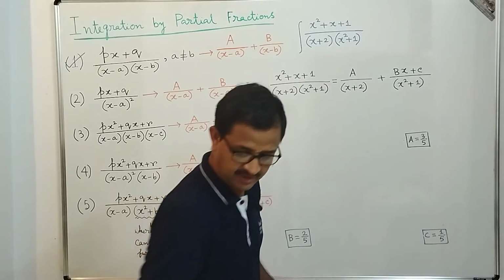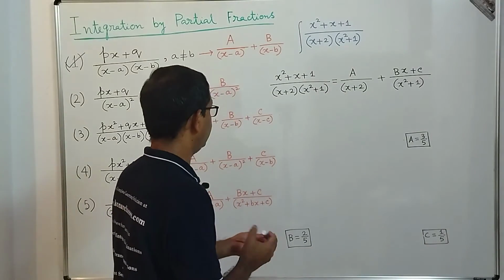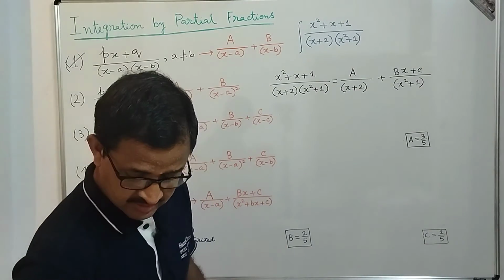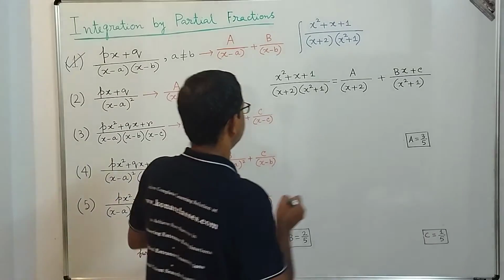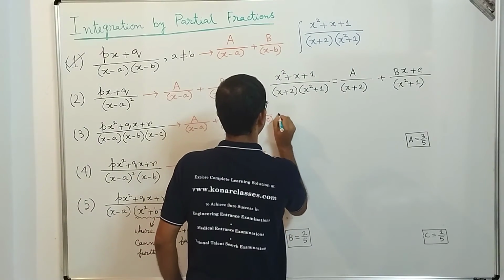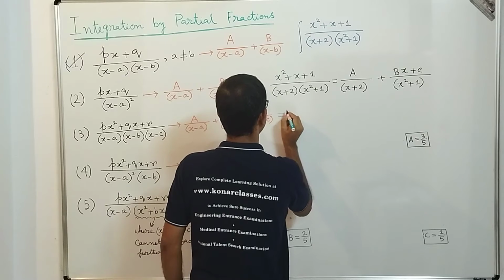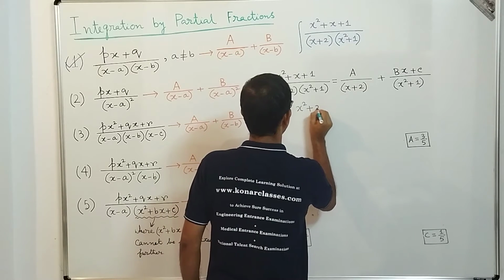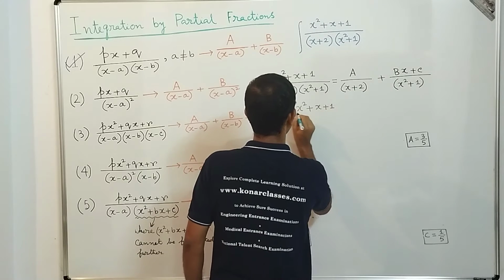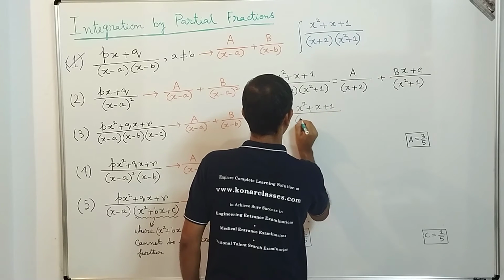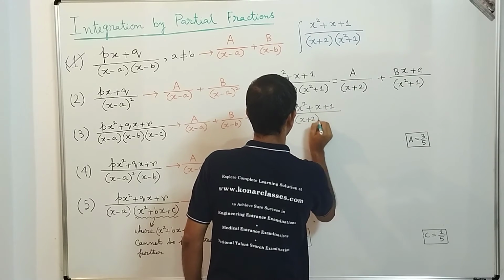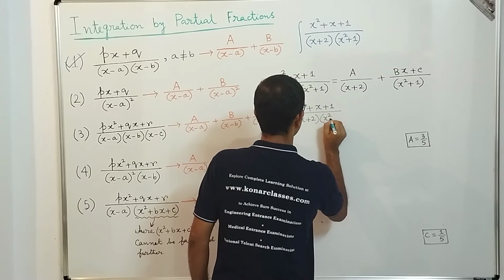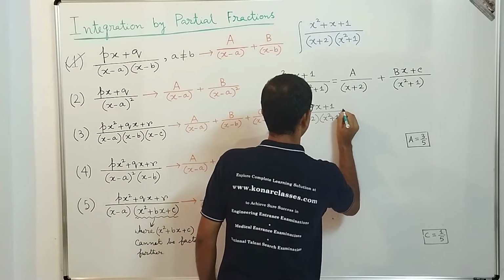Okay, so let me write the values of a, b and c, and after that we will proceed. So this implies x square plus x plus 1 divided by x plus 2 into x square plus 1 is equal to a.